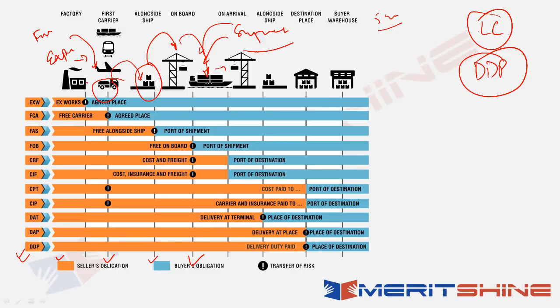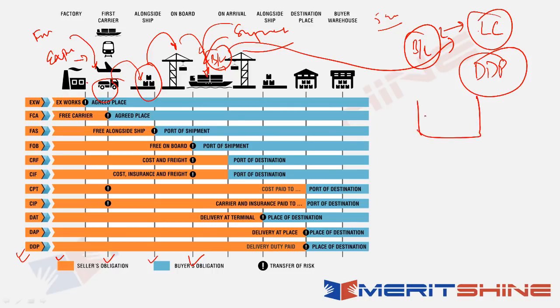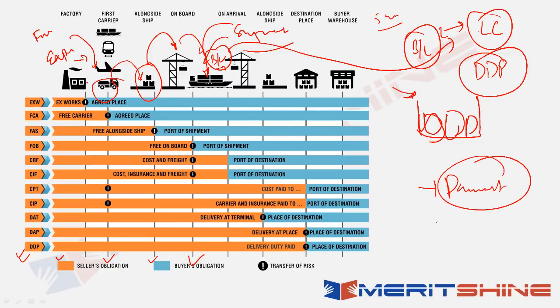The ship will sail, and it will issue the bill of lading, which is the most important document in all LCs. The BL is the confirmation document that the goods have been put on the ship, the container with the goods as written in the document. Please note, everything here is document-based. If I have put an empty container but secured a document which says I have put the goods, that is it.